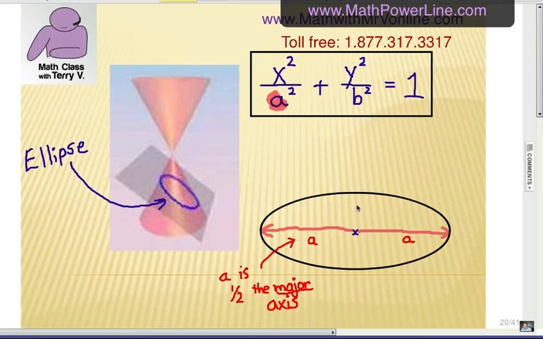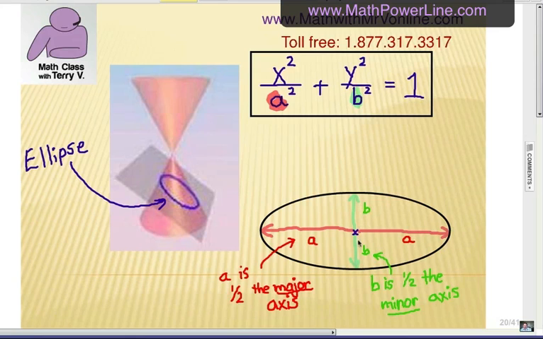All right? So in the formula, you would look at what a squared is, take the square root of that amount to find a, and you'd go in that direction to the left and to the right. Okay? So along the x-axis. Likewise, the b squared underneath the y squared over here, well, the square root of that amount then would be b, and b actually represents the length of the minor axis. So from the center, you're going to go up a distance of b and down a distance of b.